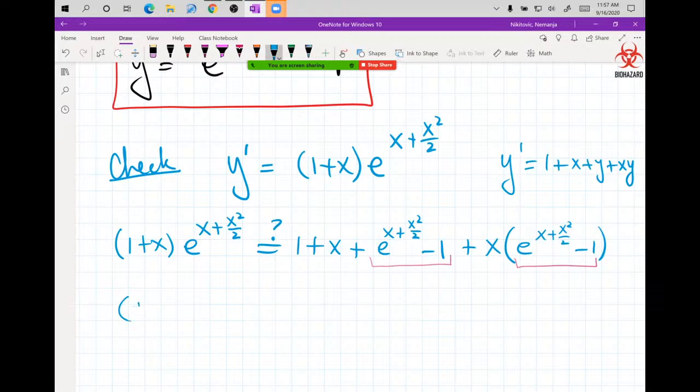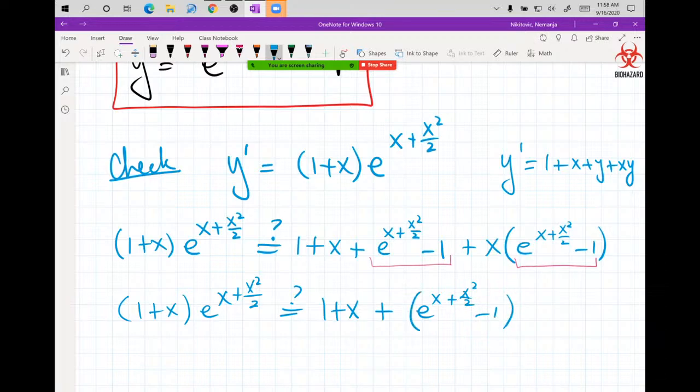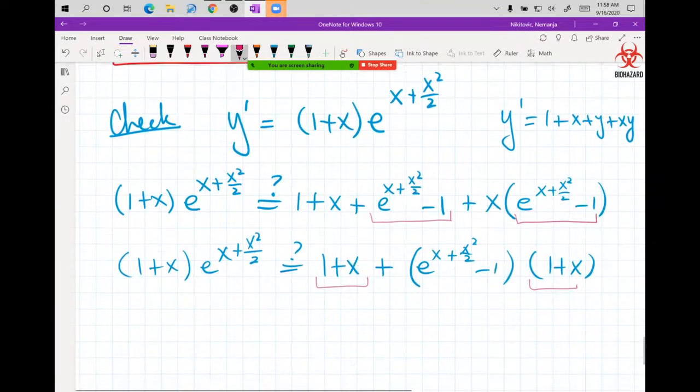So 1 plus x e to the x plus x squared over 2 should be the same as 1 plus x plus, and now you have your x times e to the x plus x squared over 2 minus 1. That's what you're factoring, and you're left with 1 plus x. And now if you take a look at this, and this is the same, you can factor that.